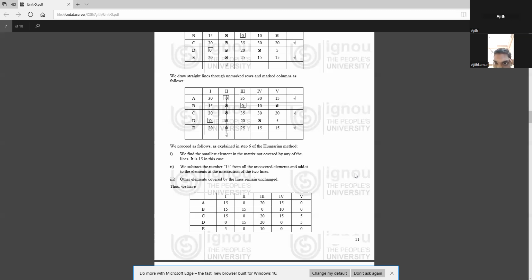And 35 minus 15, 20, 15. 5, 20 minus 15, 5. And 0, 10, 20, 0, 5. 5, 0, 25 minus 15, 10, 0, 0. That will be 15 minus 15, 0. So 15 minus 15, 0. This will be the new converted form.